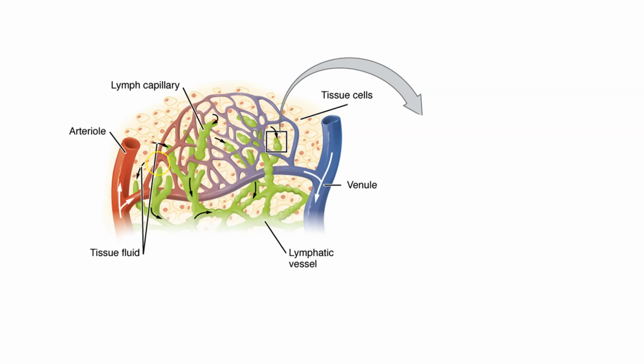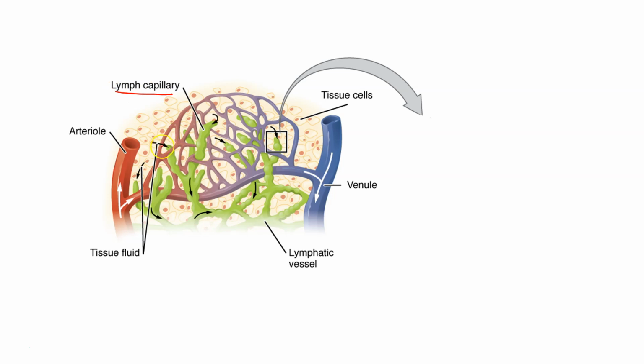Whereas a blood capillary is a continuous branch from arterial to venous side, the lymph capillaries are like an origin point. They're like a dead end. They don't link from one place to the next. They're more of a starting point, if you will. That's what makes lymph capillaries unique.